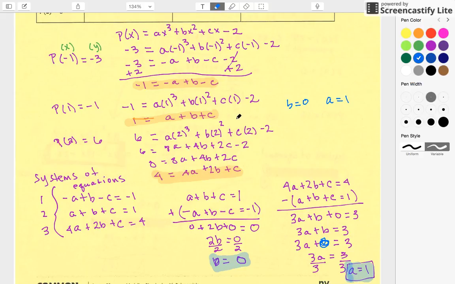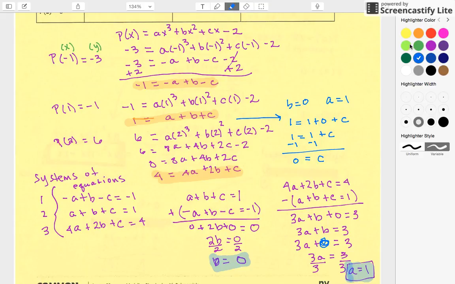So I have 1 equals 1 plus 0 plus c. Then I have 1 equals 1 plus c. To isolate c, I'm going to subtract 1 on both sides. And this just so happened to work: c also is 0.